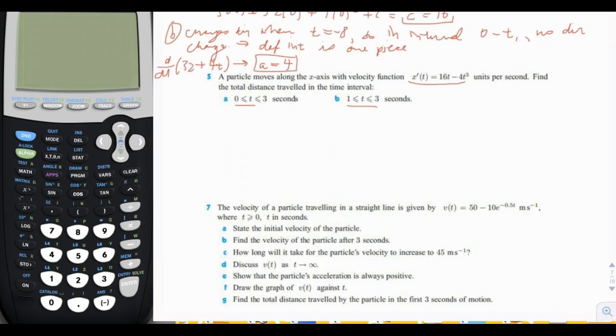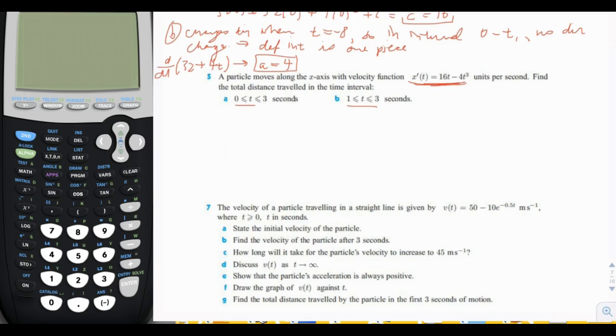This is the velocity function. We don't know yet if the total distance traveled is going to be found in the velocity function cut up into sections and the area found separately. But in order to do that, we need to figure out, are there direction changes here?